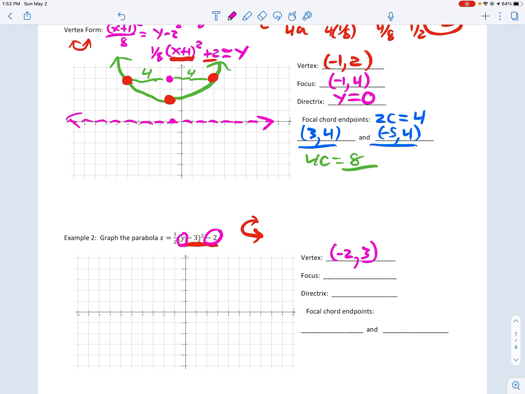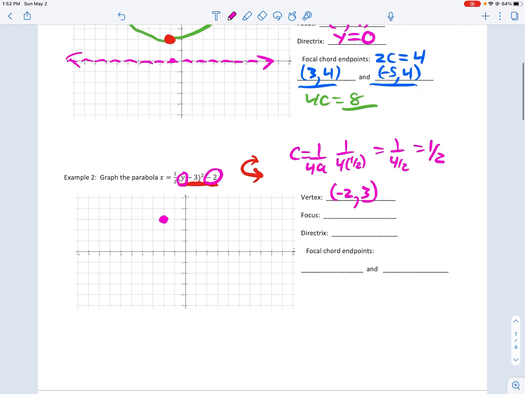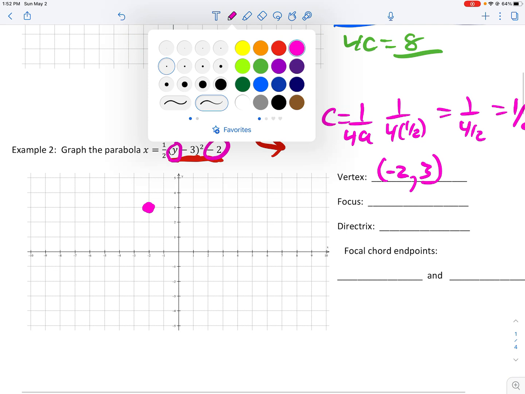So -2, 3. And again, it's a sideways parabola. So when we find c, we're going to go to the right because it opens to the right. So you go right for the focus. So 1 over 4 times 1/2, which equals 1 over 4 over 2, which is 1/2. So I'm going to go right 1/2.